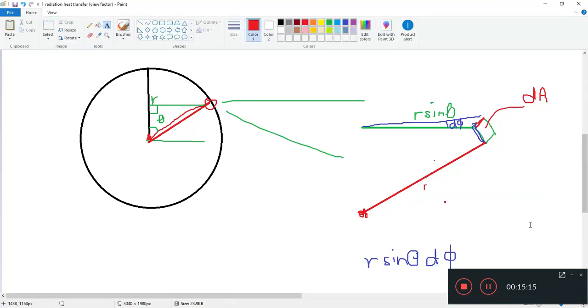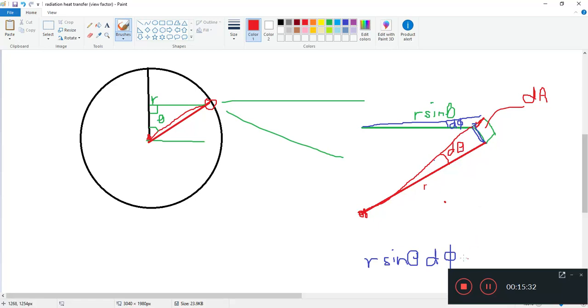We'll take another arc length, this blue colored part, and we need to find the angle here. This angle is merely d theta.